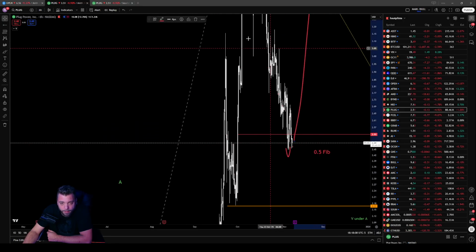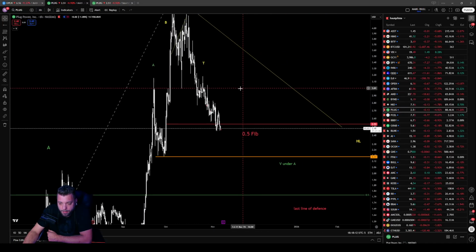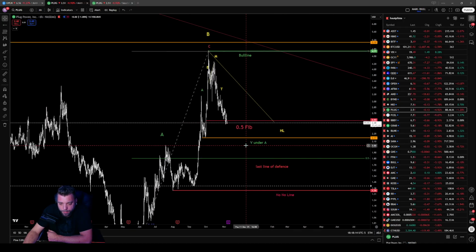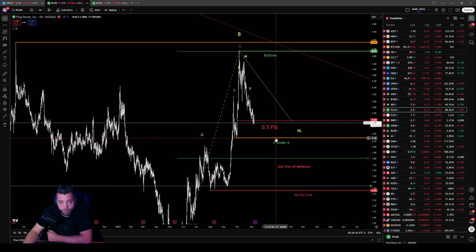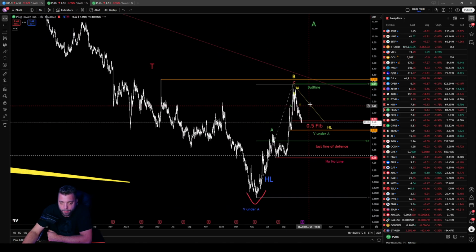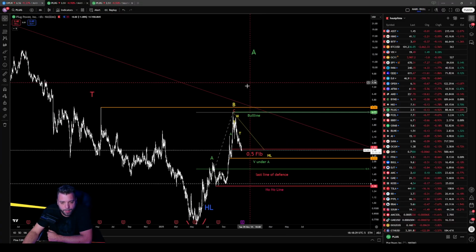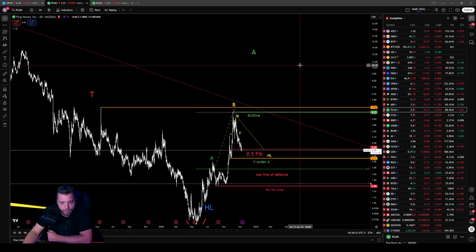Then it's wrong. If you break under it, your next target for the bullish version is 216, the same. You're coming down, V under A, higher low, and you go. And as always, we are still looking for A, which is around 12. Breakout, retest, and you go.